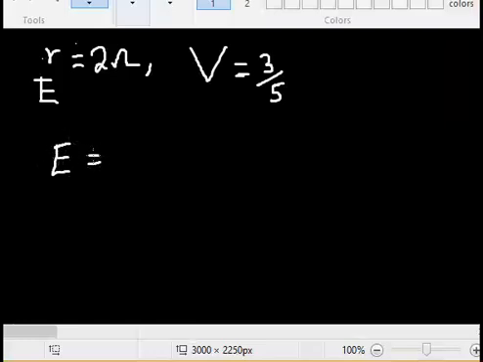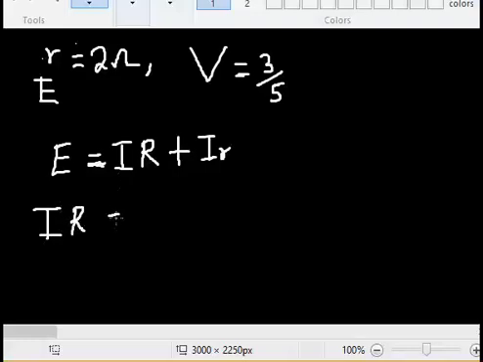E is equal to I big R plus I small r. This I big R is the terminal voltage, and of course it's going to be equal to E minus I small r.